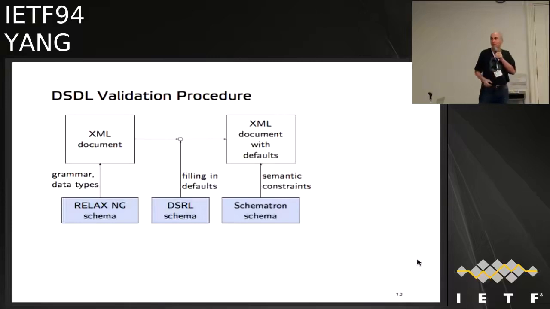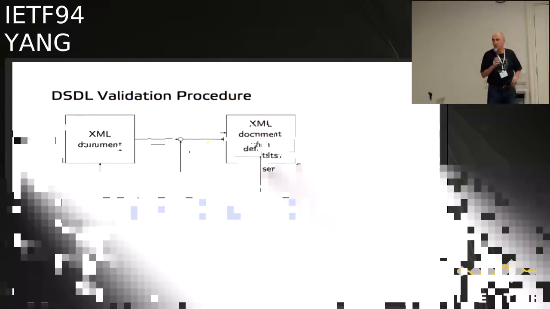So that's the first step, and then before we can check the semantic constraints, we have to fill in all defaults that may be missing in the instance document, because that's the rule of YANG, that all the defaults have to be provided before the semantic constraints are checked.